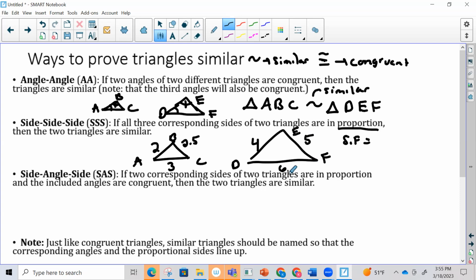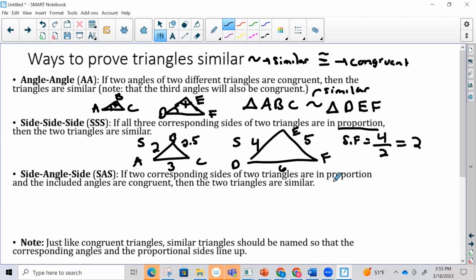If these are my sides, so that they're all a little bit different. When I find the scale factor, I find the smallest side on this one and the smallest side on this one. And then I divide the smallest side by the smallest side. And you can do either 2 divided by 4 or 4 divided by 2. It doesn't matter. I'm just going to do 4 divided by 2 because it's easier.